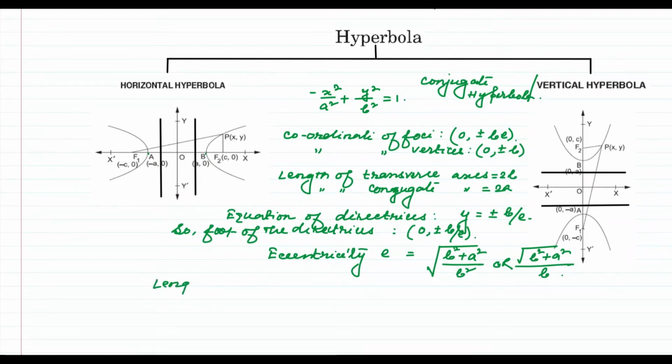The length of the latus rectum, the chord which is perpendicular to the transverse axis of the hyperbola and passing through the foci, is 2a square by b for the conjugate hyperbola. Obviously here the equation of the transverse axis is x equals 0, and the equation of the conjugate axis is y equals 0.